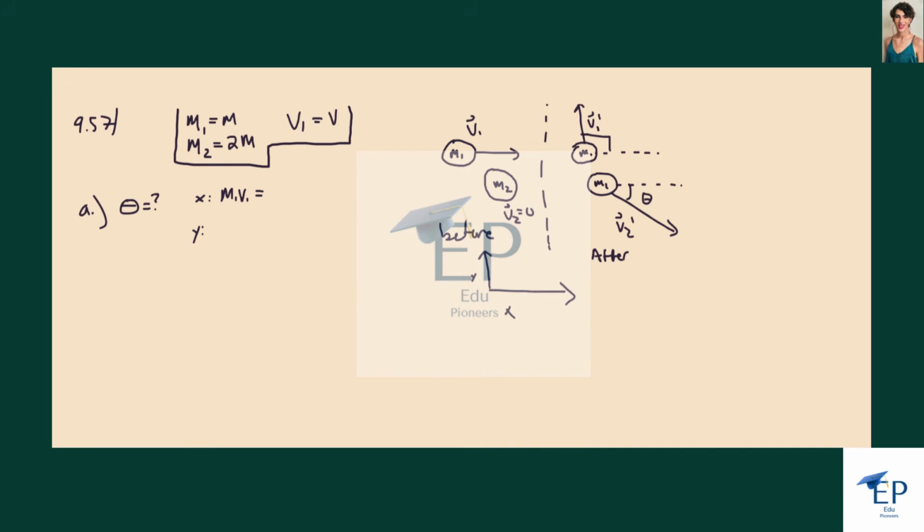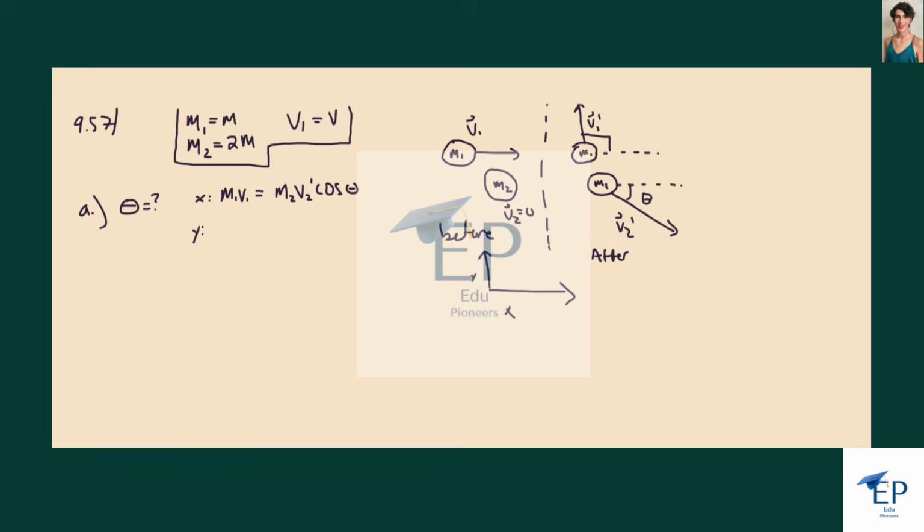Our final in the x is all going to be the x component of m2, since m1 is all in the y direction finally. So this is m2 times v2 prime cos theta.